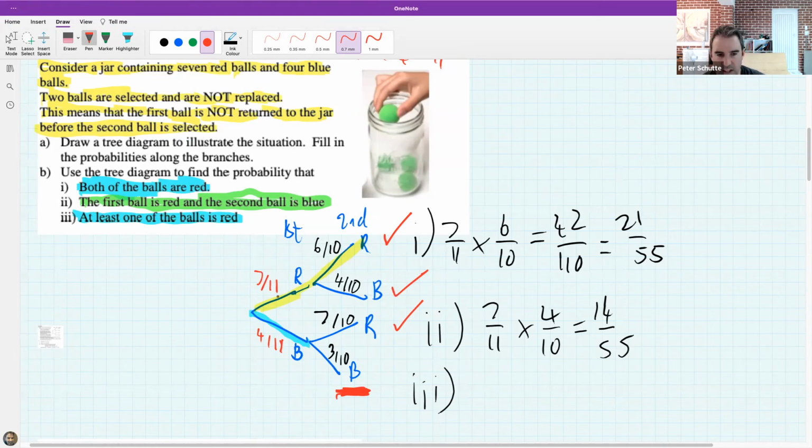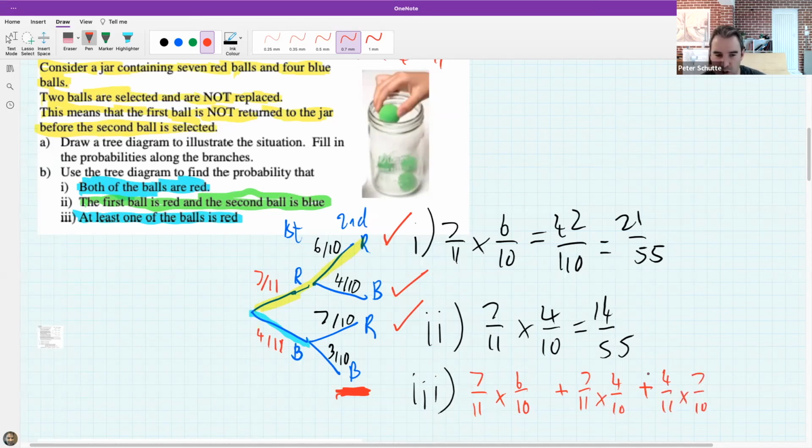So if you want to get the probability of all, so basically 3 of the branches, all you need to do is go 7 over 11 times 6 over 10 plus 7 over 11 times 4 over 10 plus 4 over 11 times 7 over 10.